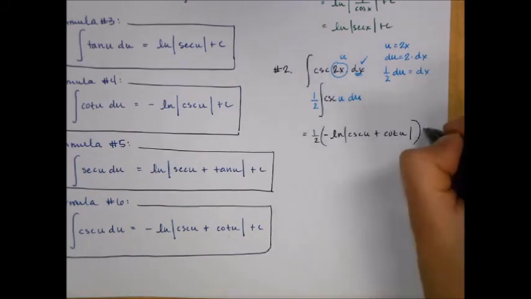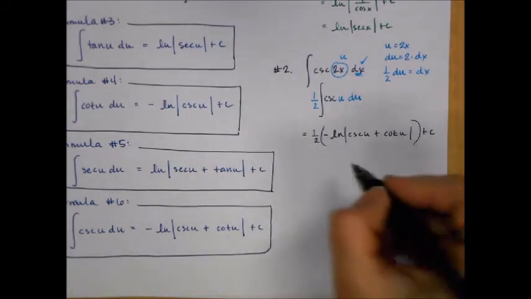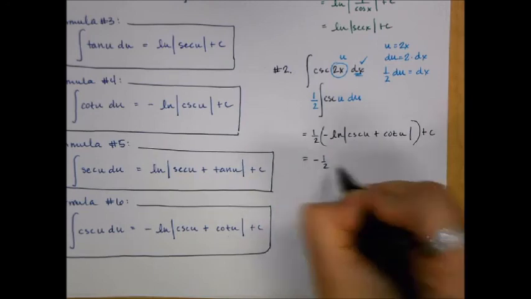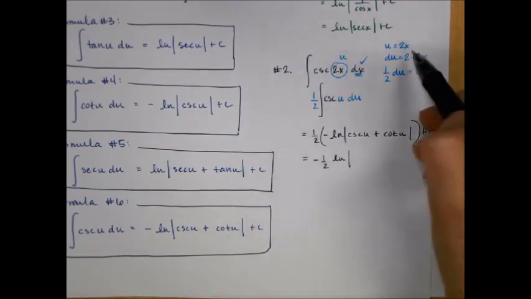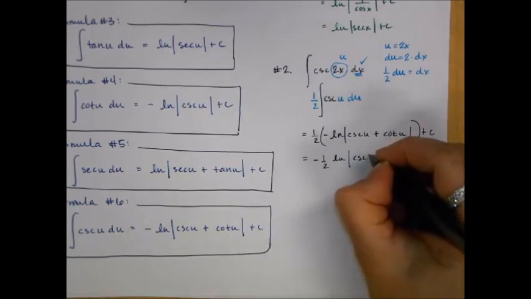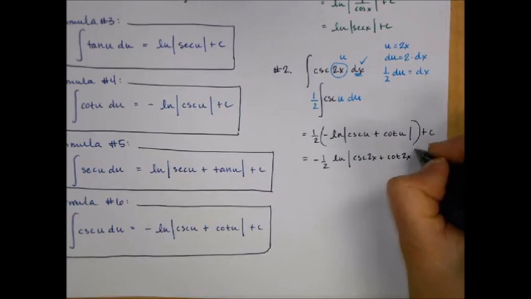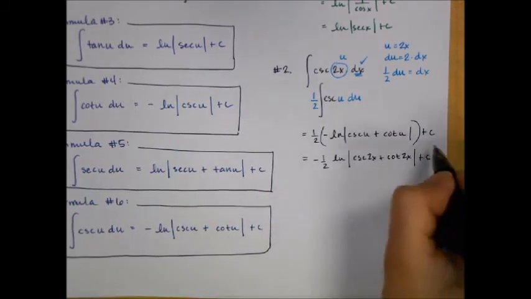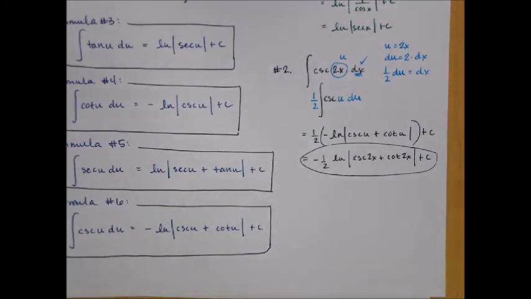So in rewriting this, I'll go ahead and bring that negative out front with the 1/2. Natural log of the absolute value of cosecant 2x plus cotangent 2x plus c. So that would be an answer here in this problem. All right, so that's the end of the 8.4 notes.